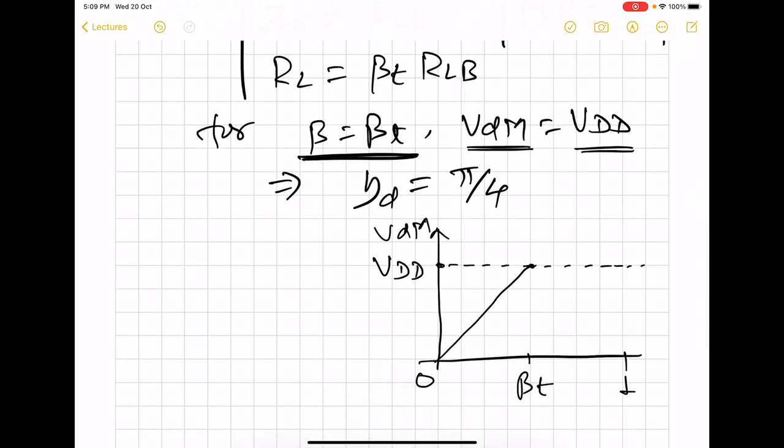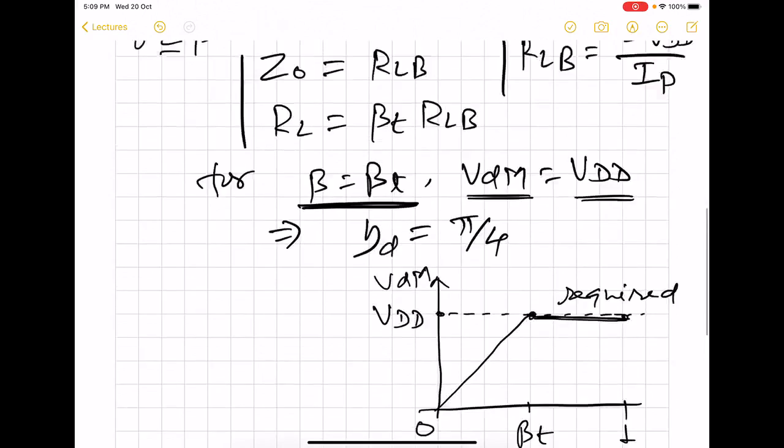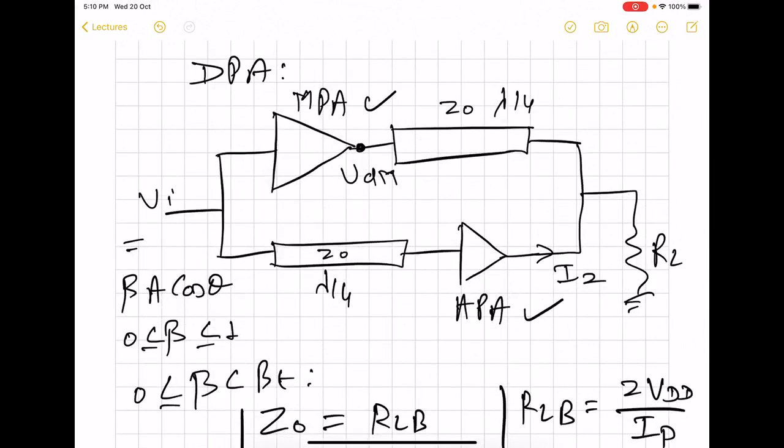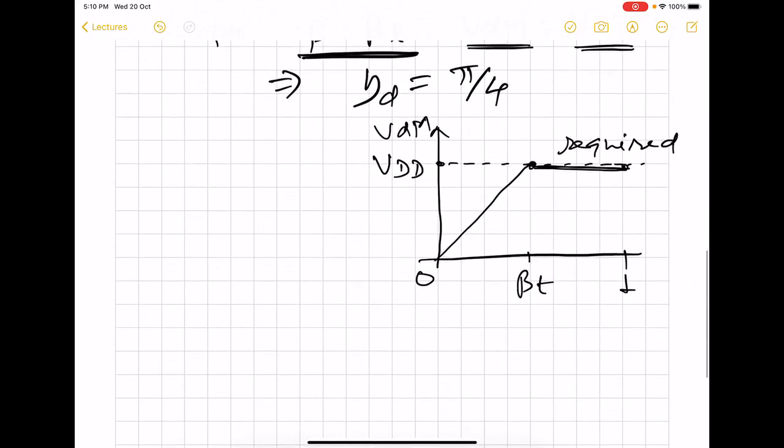So what now we want, that even for the remaining part, the voltage should remain equal to VDD. So this is required. So for this to happen, what should be I2, the current provided by the auxiliary power amplifier. So this is what we will be first trying to find.